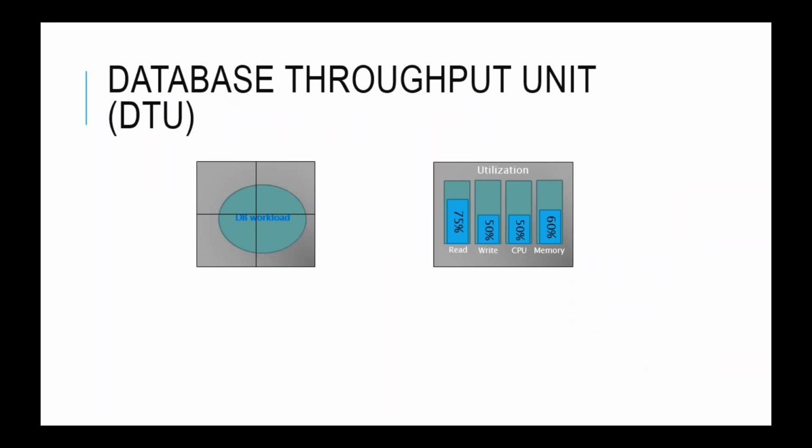DTU is a mixture of 4 parameters: the reads, the writes, the CPU, and the memory. You can see them here on the right side. So DTU is the maximum value out of one of the 4 parameters. So if you spend 75% of your assigned read, your DTU will be 75% spent.